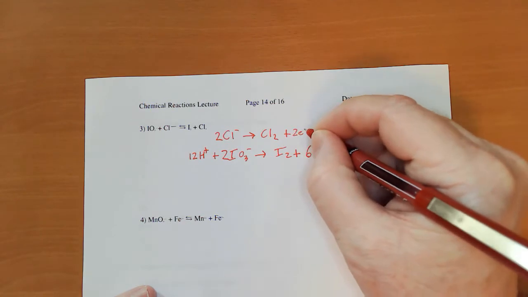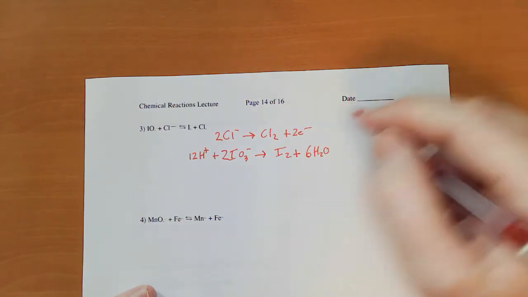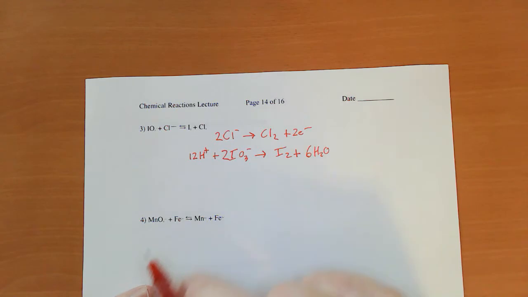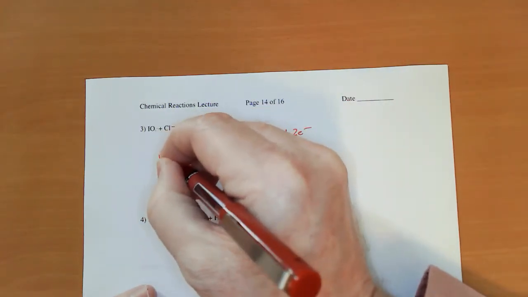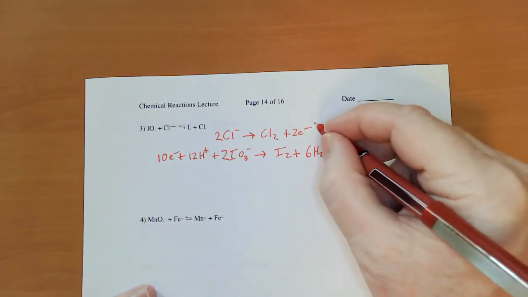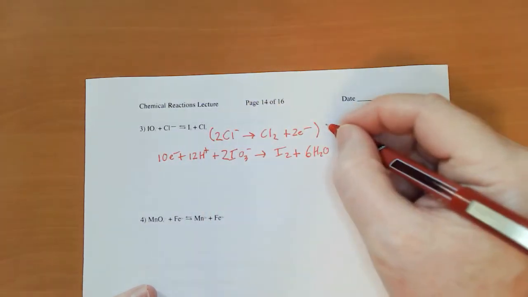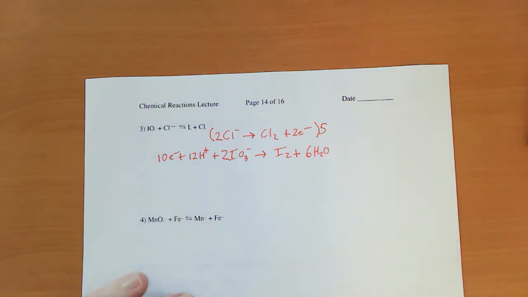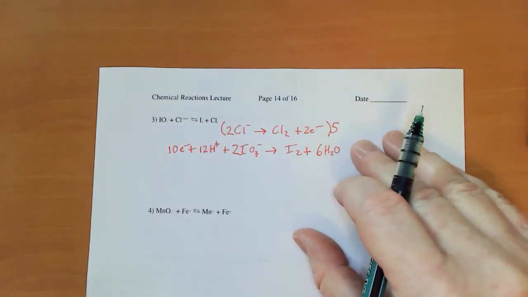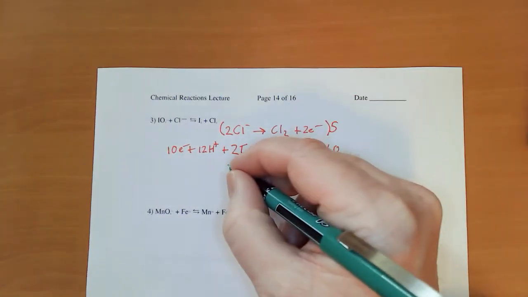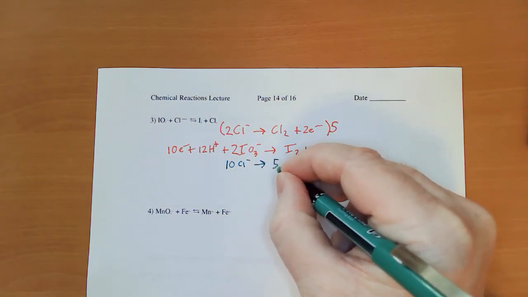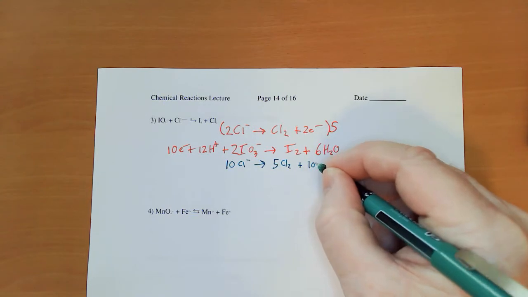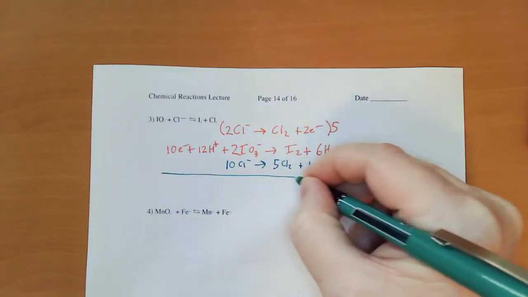We need to add 2 electrons on that side, and here we've got 12 plus and 2 minus, so we are adding 10 electrons, which means this guy right here is going to need to be multiplied by 5. I'm going to change colors here to make things a little clearer: 2 times 5 is 10 Cl minus gives me 5 Cl2 plus 10 electrons.